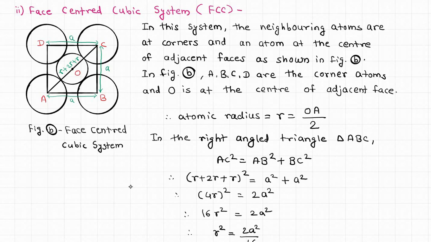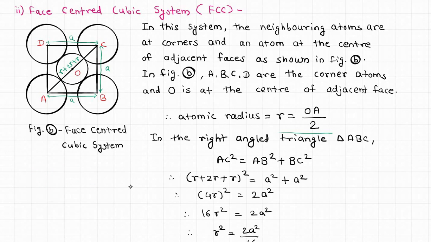Therefore, in FCC system, atomic radius R is equal to OA by 2. See, the radius of this atom is R. The radius of this atom is also R. Therefore, the distance OA is equal to twice R. Therefore, R is equal to OA by 2.